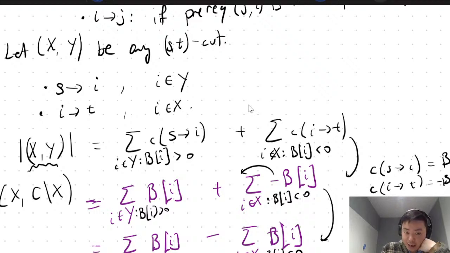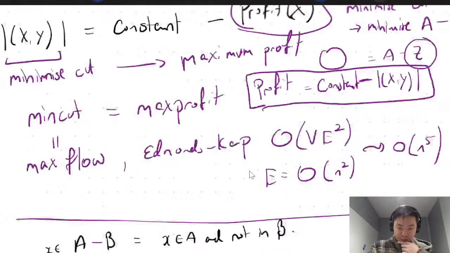I look specifically at the courses that have positive or negative benefit, but X and Y themselves might have both positive and negative. So in the cut, X and Y themselves could contain positive and negative benefits. Cool.